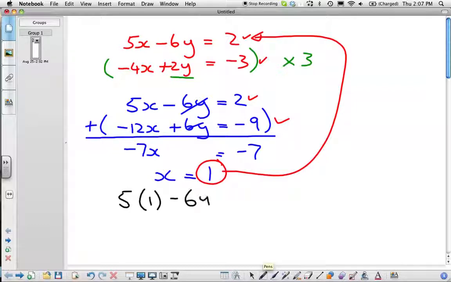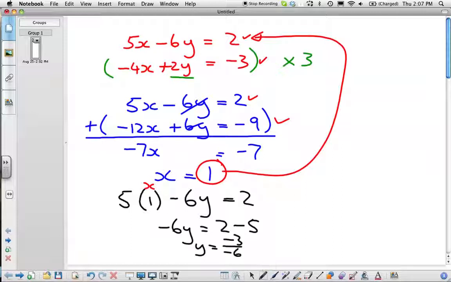But just get into that habit. Is equal to 2. So there I've replaced my x by 1. And I'm going to get minus 6y is equal to 2 minus 5. Taking the 5 to the side becomes negative. So I'm going to get y is equal to minus 3 over minus 6, which is equal to minus 1/2.